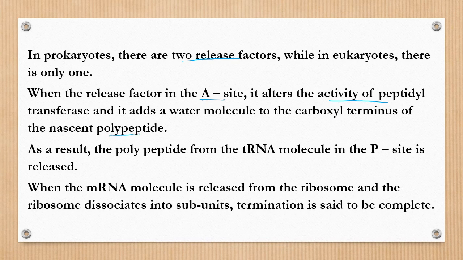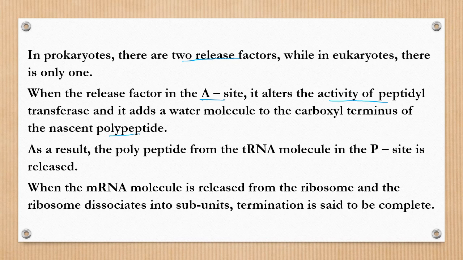Generally this enzyme adds the amino acid, but when the release factor is present, it changes that function to add a water molecule to the carboxyl terminus. As a result, the polypeptide is released from the tRNA molecule in the P site.